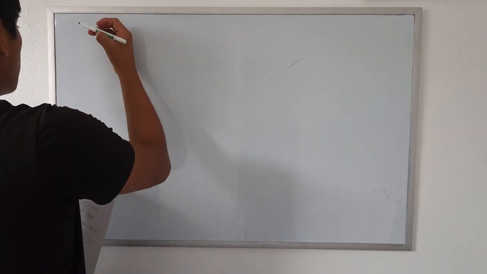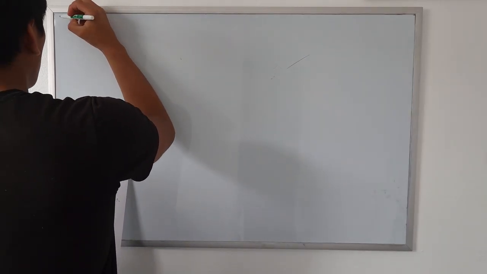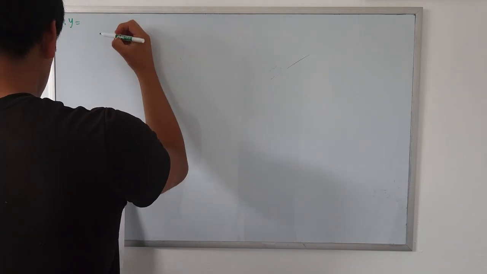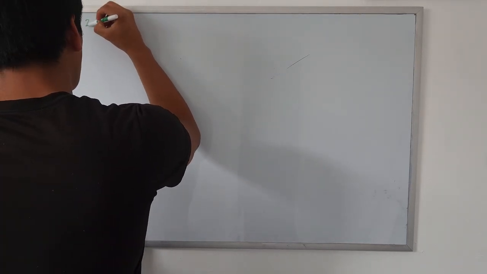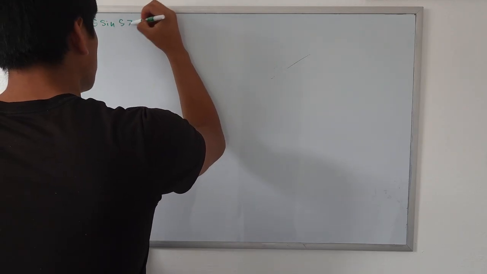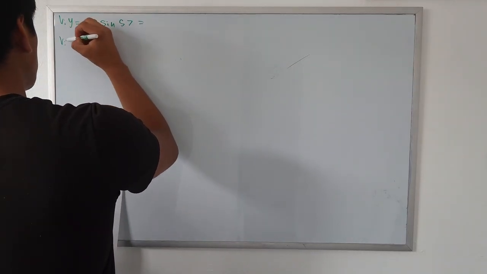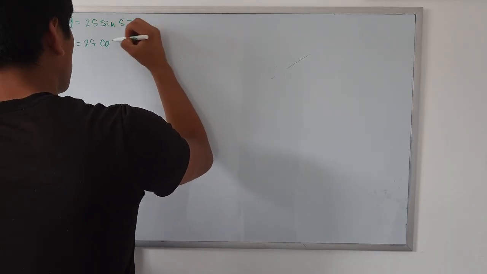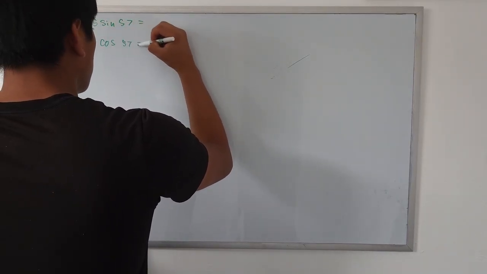All right, so the first thing I'm going to do is break down this velocity to get the y component and the x component. So we have velocity initial in the y equal to 25 sine of 57, and velocity initial in the x equal to 25 cosine of 57.